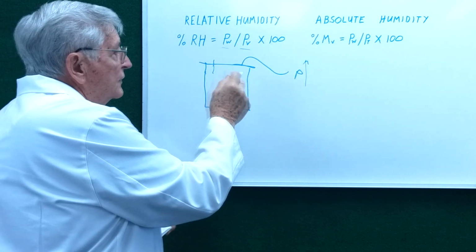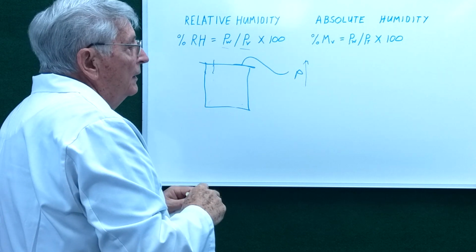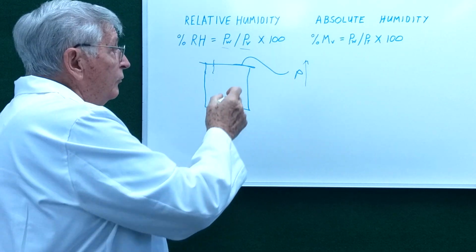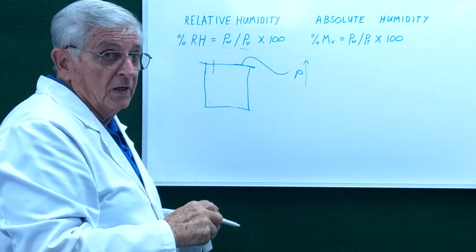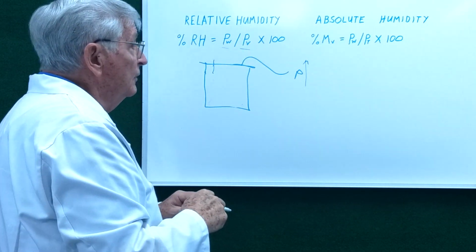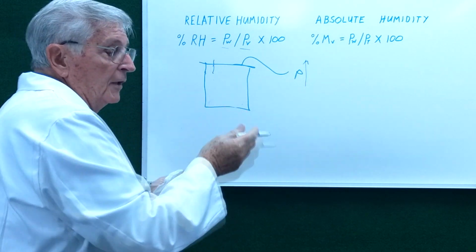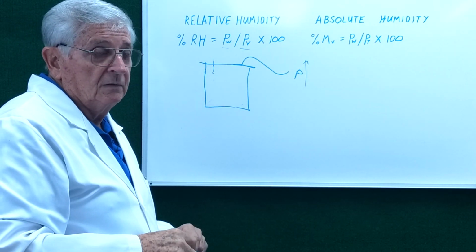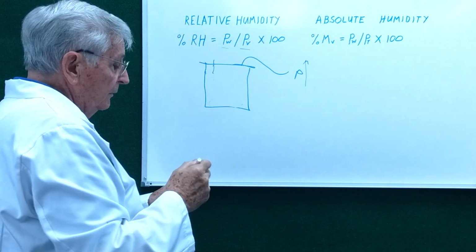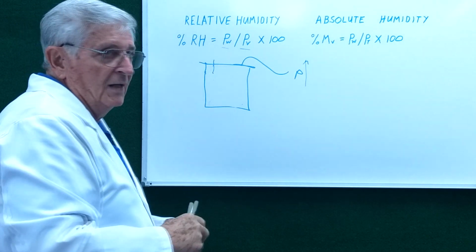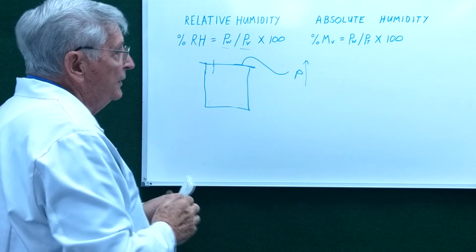And in this case, we could actually measure the temperature. If we had a chart of water vapor pressure versus temperature and measured this pressure, we could figure out what the temperature was. So this would be a side benefit of the experiment that we did.